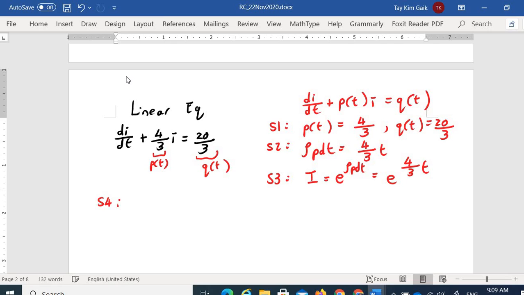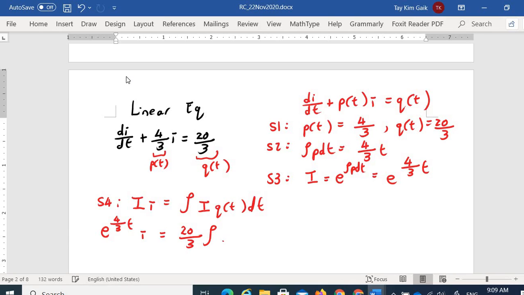Okay, step 4, put it here. The solution of the linear equation is given by the integrating factor times the current i. We want to solve for the current i. The integrating factor times i equals the integral of the integrating factor multiplied by Q(t) dt. So exponent 4 over 3 t multiplied by the current i equal to, Q(t) is constant, so I can factor out the constant.